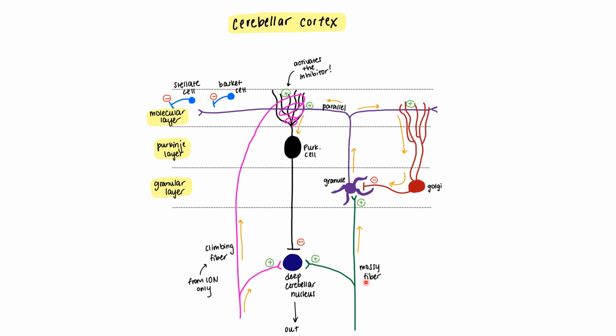And so then your mossy fiber is coming from everywhere else. It's similar in that it directly activates your deep cerebellar nucleus, but then it's going to take an even more indirect way to go and turn this off, because it's going to synapse with a granule cell, which then will come up and with its parallel fibers excite everything in the molecular layer essentially, and then you'll have that activation of the Purkinje cell to then send that inhibition.